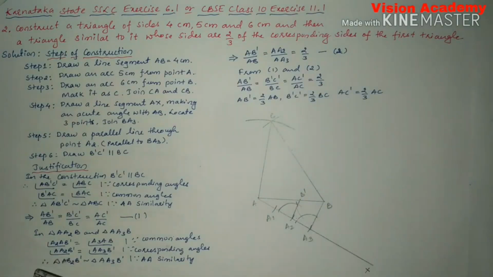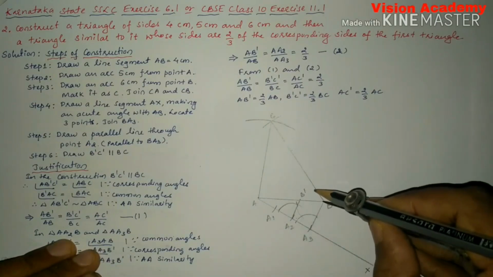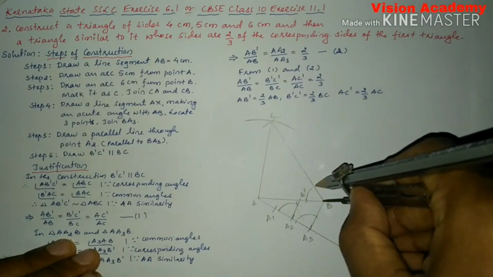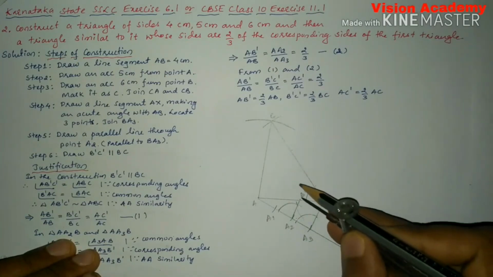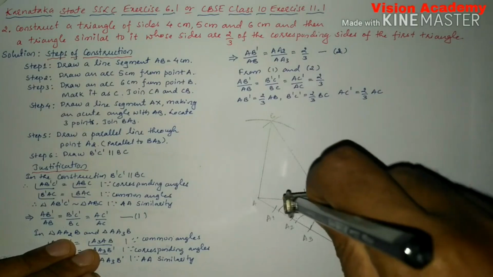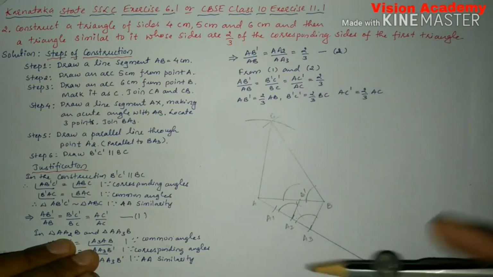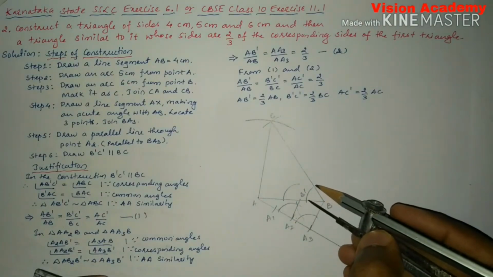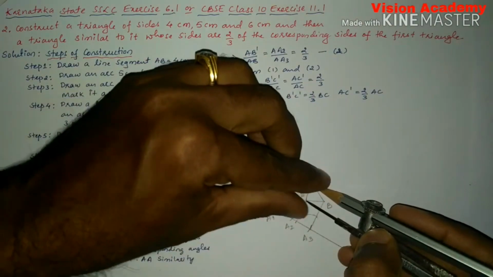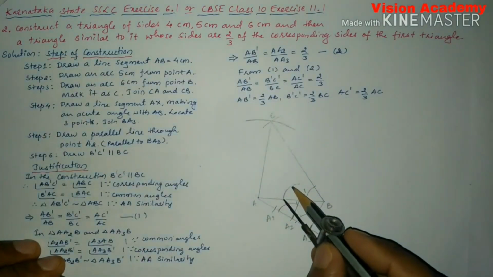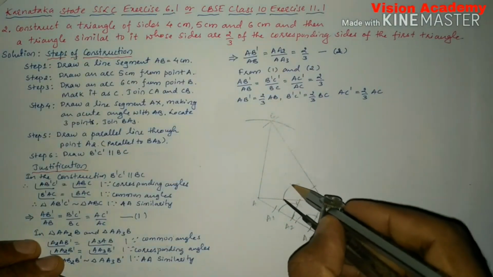So in order to draw a parallel line, let us draw one arc here, keeping on point B dash. Let us draw the arc and measure this internal arc length and keep on this and cut it.